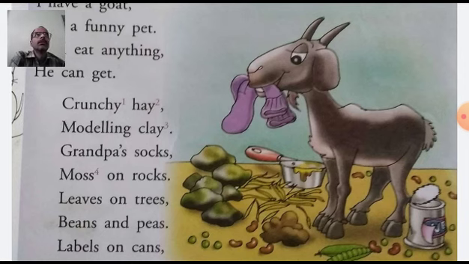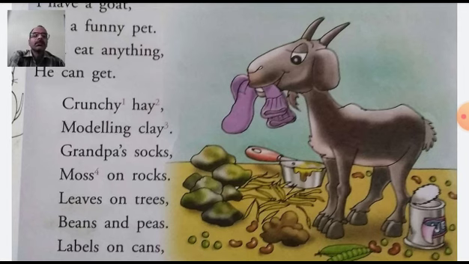So this funny goat eats even grandpa's socks. Grandpa means father's father, you know that, right? If an old man or an aged person is there at home, when the socks are left in some place, this goat goes and eats those socks also.